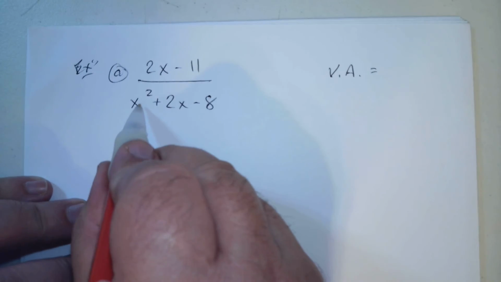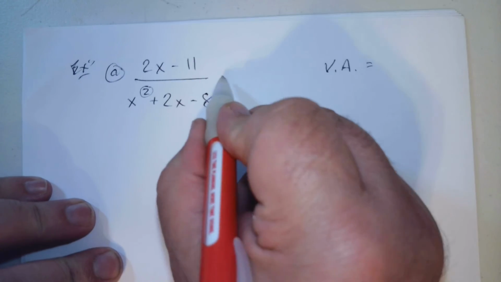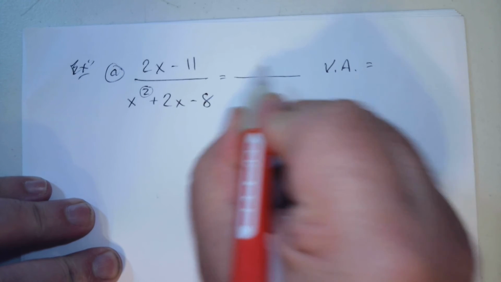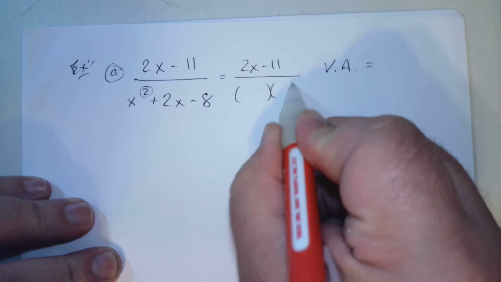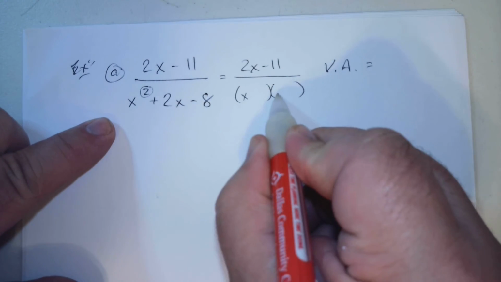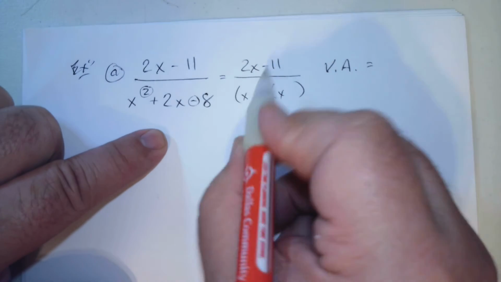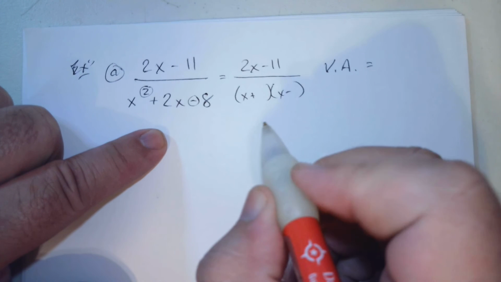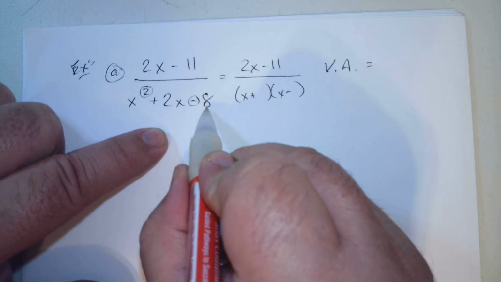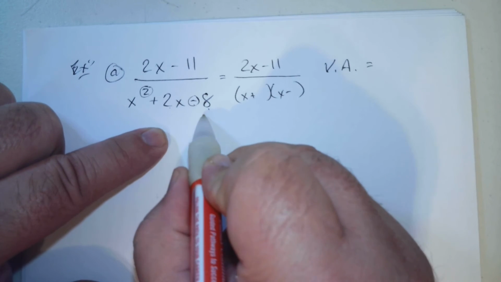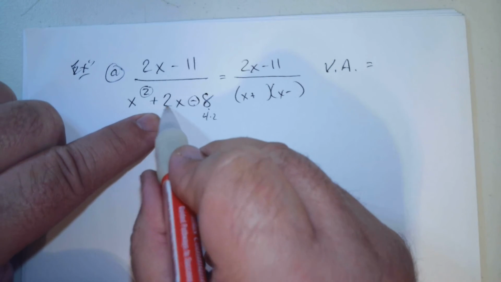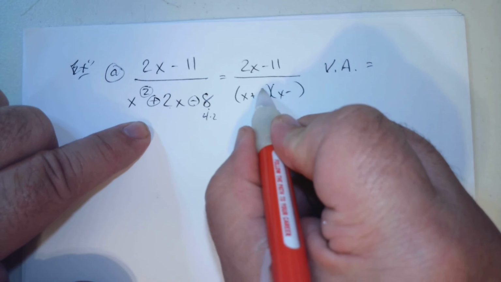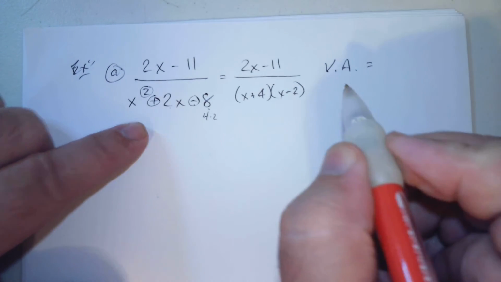So in this case, since it's a quadratic equation, we have to factor the bottom. So it's x and x. The second sign's a minus, so it's opposite signs. What times what is 8? When you subtract them, you get 2. 4 times 2. 4 minus 2 is 2. The bigger number gets the plus, so the 4 gets the plus.